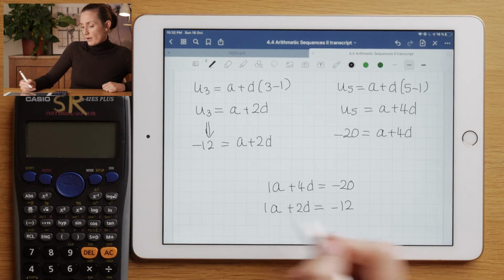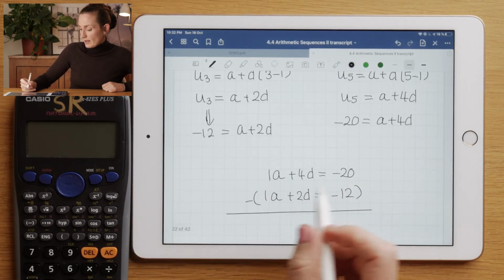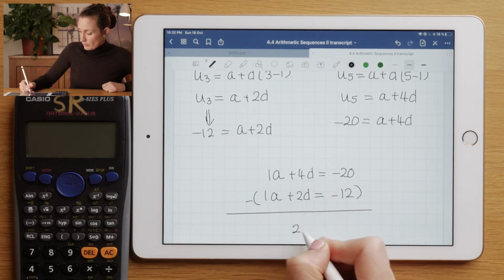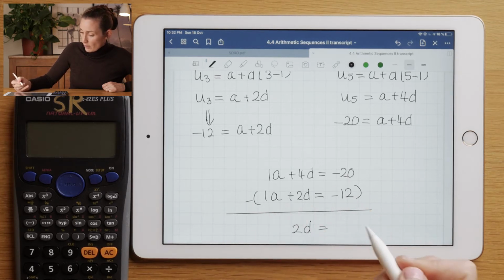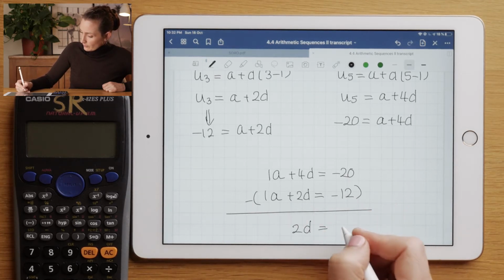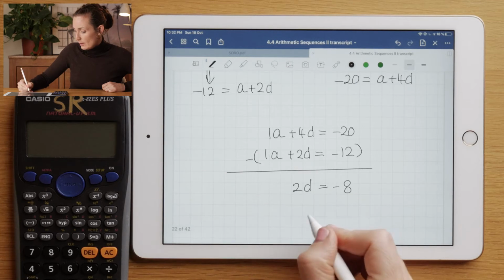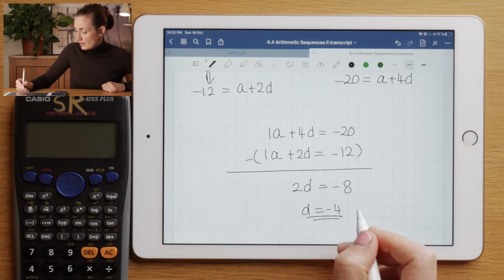Because these both have a, I'm going to subtract the first line from the second line. a take away a will be nothing. 4d take away 2d will be 2d. And minus 20 minus minus 12, that's a double minus, will be minus 8. So d will be minus 8 divided by 2, which will be minus 4.